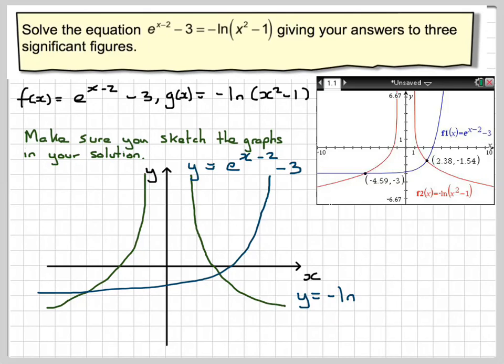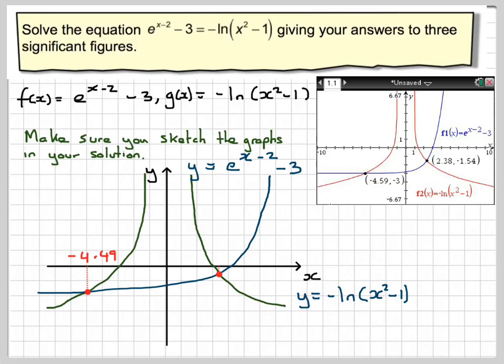So this is y is equal to e to the x minus 2, minus 3. And this one is y is equal to minus ln of x squared minus 1. We need to put on these 2 points, so I can put 2 dots there and make sure you read them off and write down these values from my calculator.